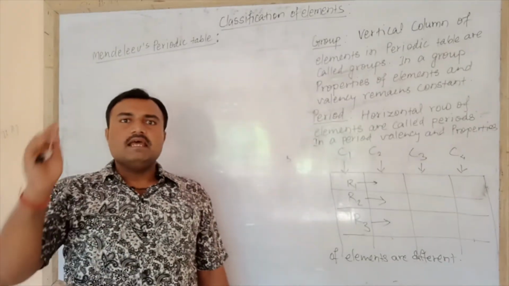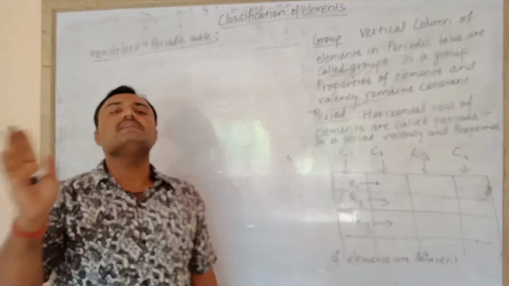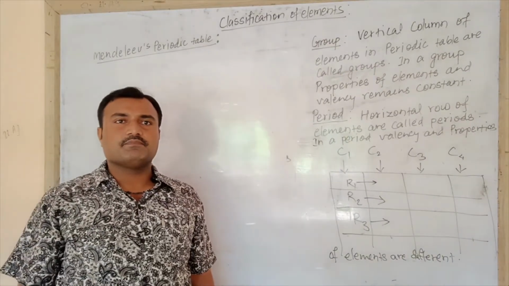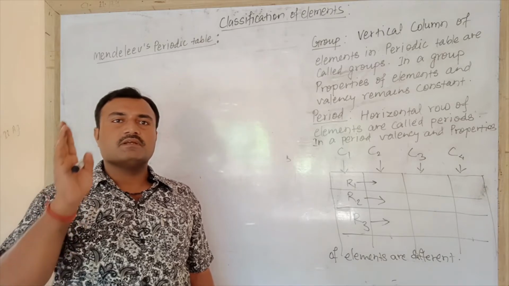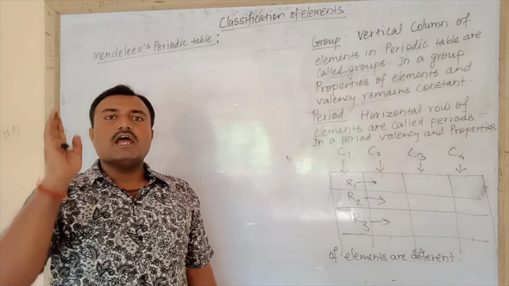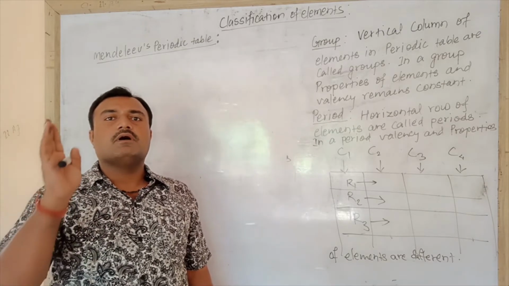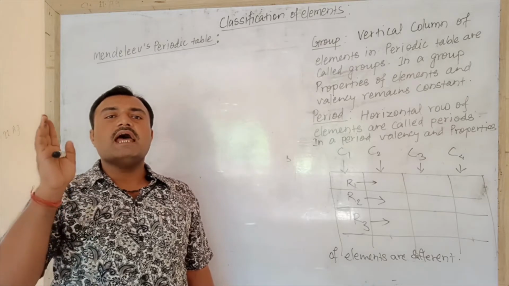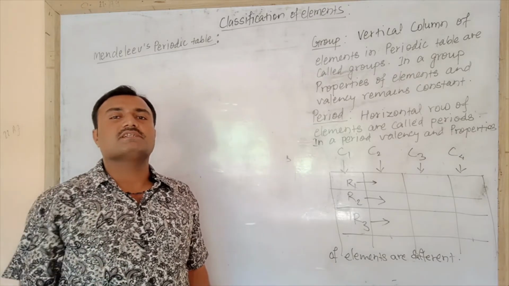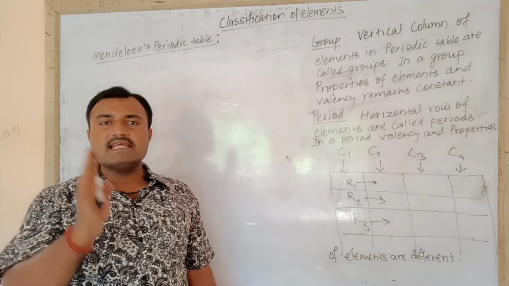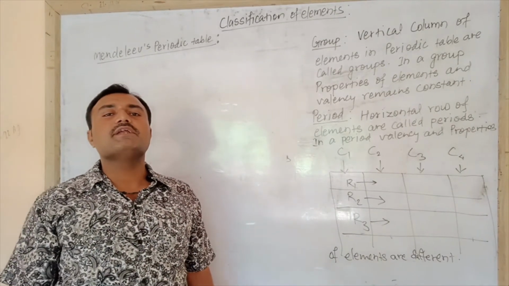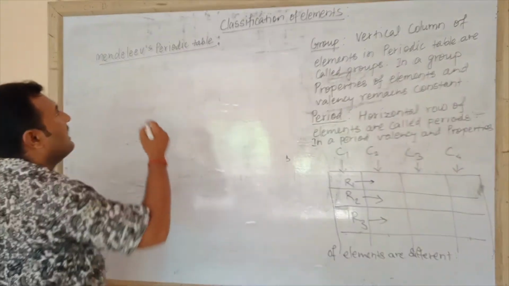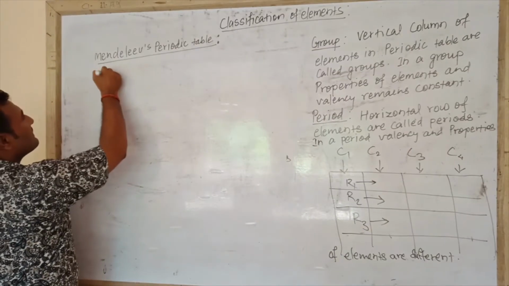Mendeleev studied the properties of elements, and he found that the atomic weight of elements is a periodic function, and arranged elements in the periodic table according to atomic weight.